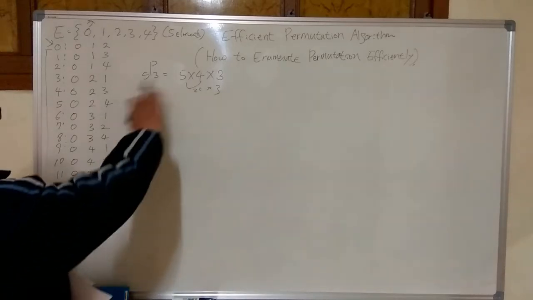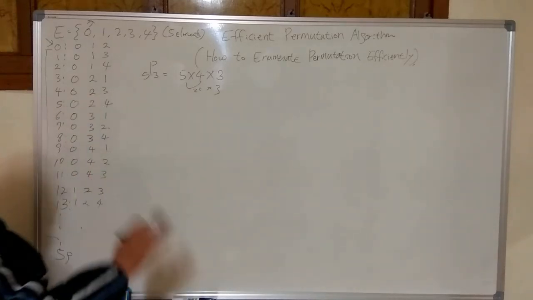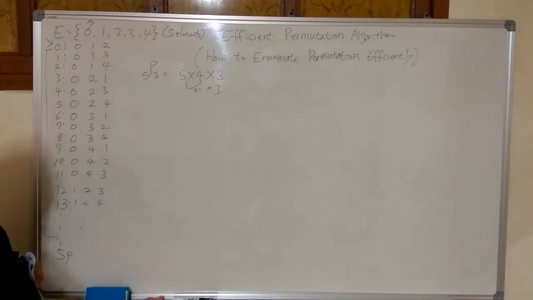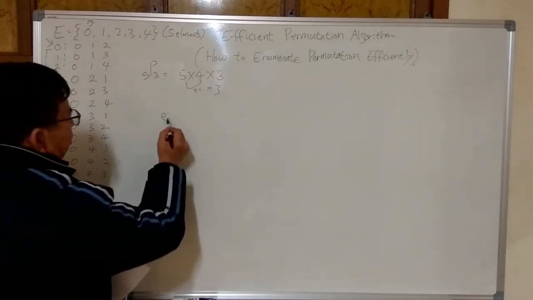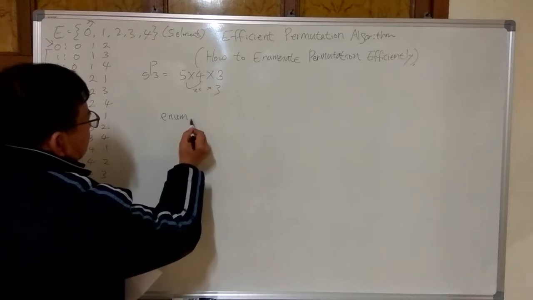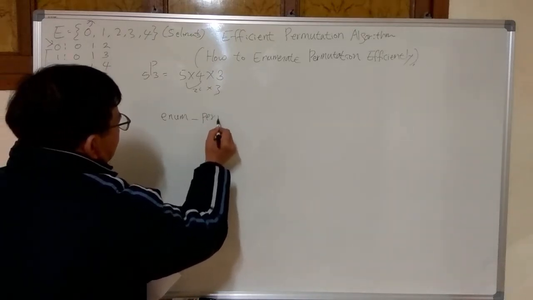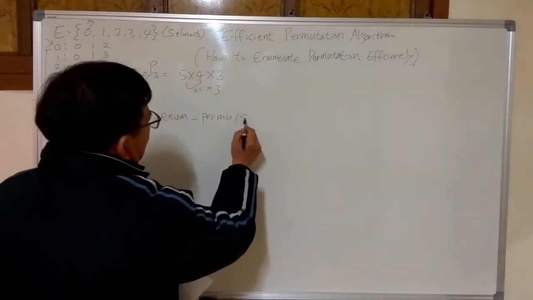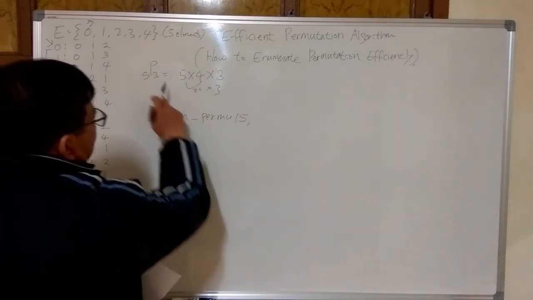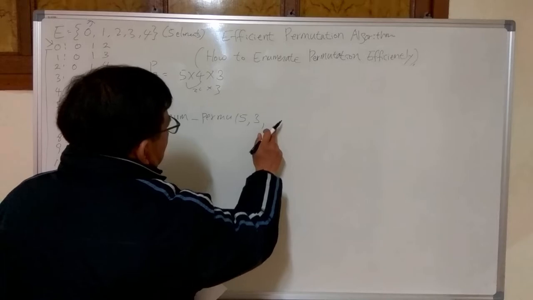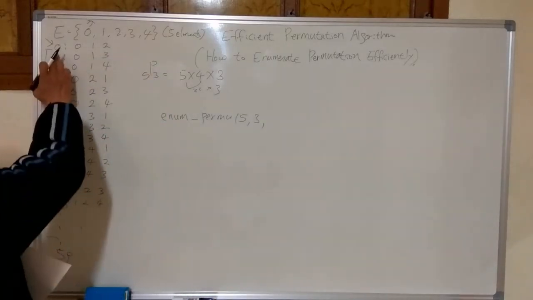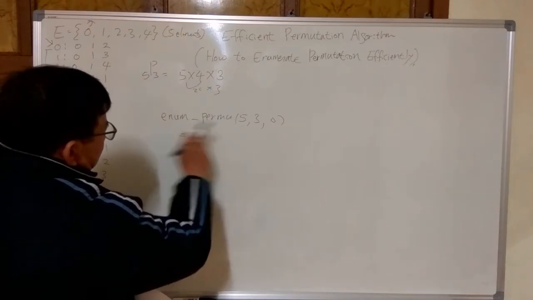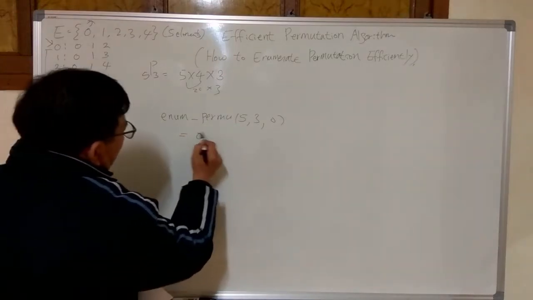Okay. This is permutation. We are going to make a function like this. It will be called ENUM, enumerate permute, like this. We are giving number 5, for example, 5 elements. We are selecting 3. Then we are giving an index. For example, if we put 0, then this function will return 0, 1, 2.